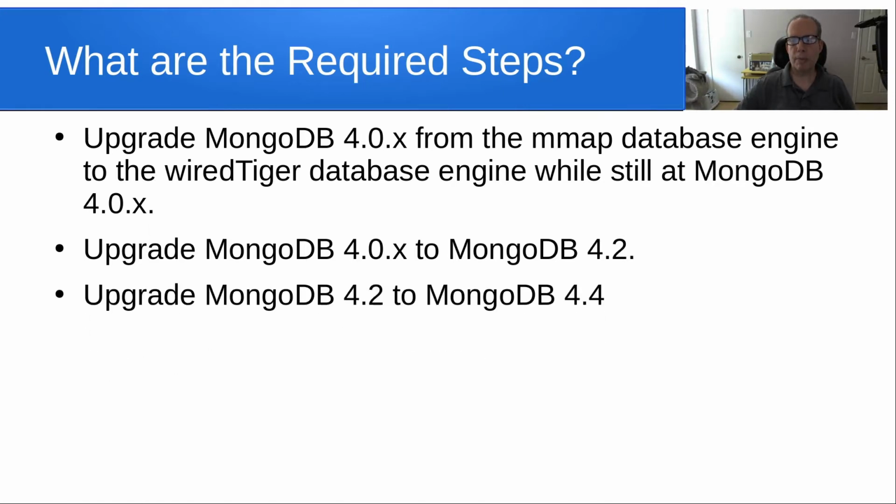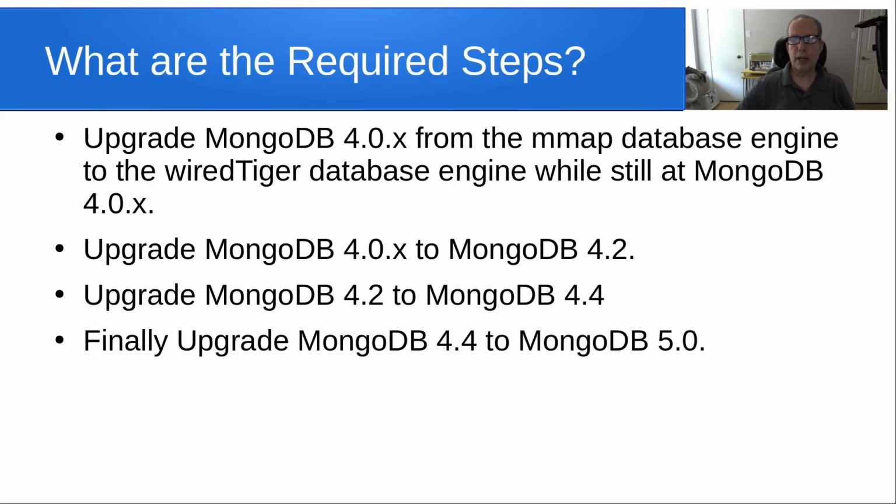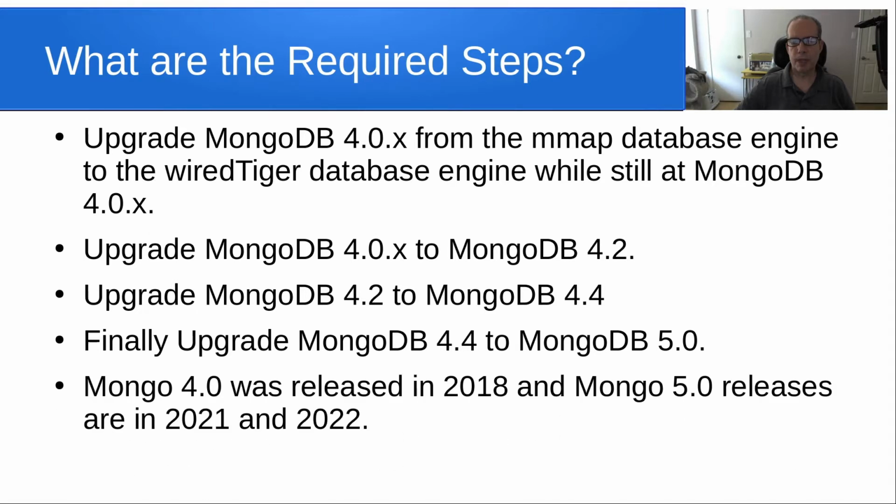Then you upgrade Mongo 4.2 to Mongo 4.4. And finally, you upgrade the Mongo database from version 4.4 to the latest version, which is 5.0. Mongo 4.0 was released in 2018, and Mongo 5.0 releases are in 2021 and 2022.